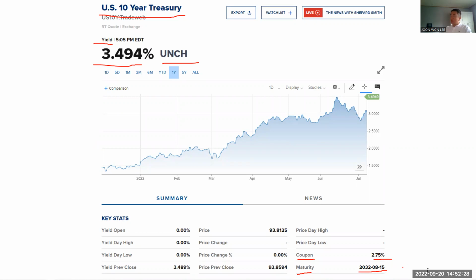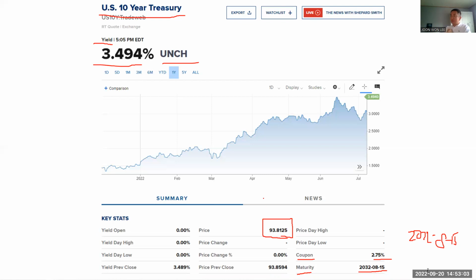So it means it was issued in 2022, August 15. So if you purchase this 10-year Treasury bond right now at this price, you're going to have a return of 3.9494%.